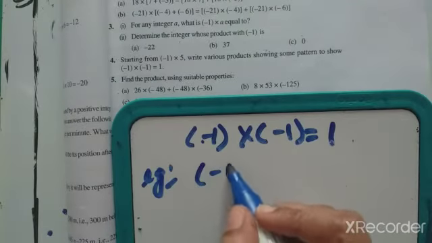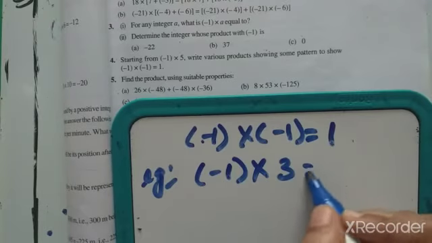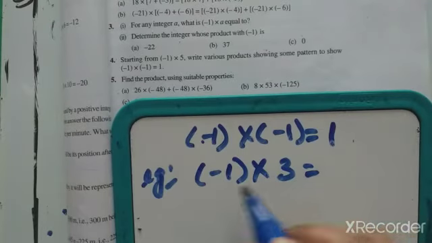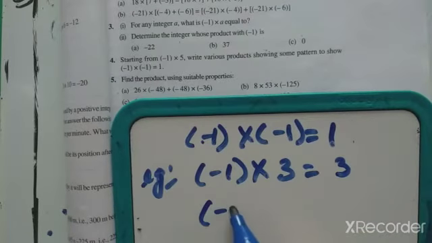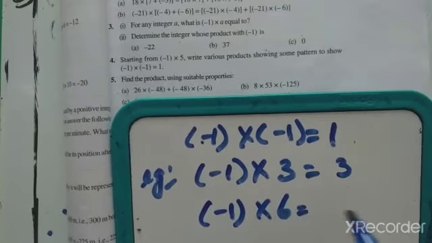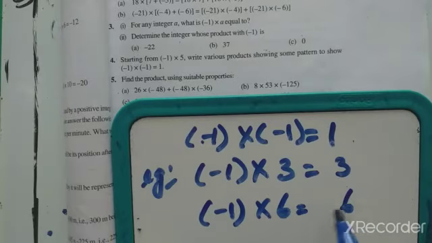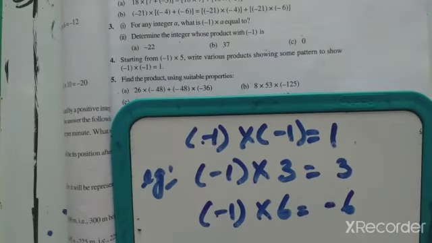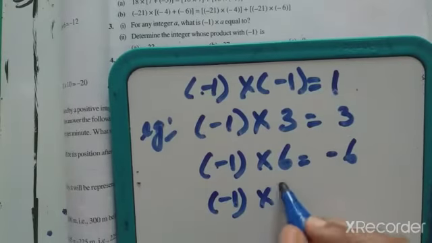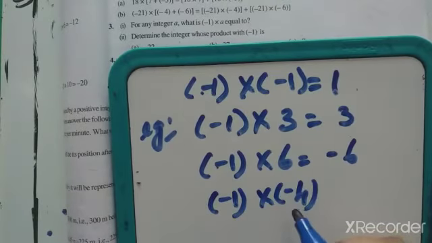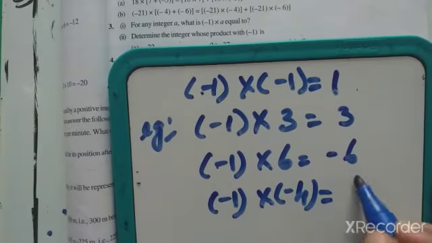Now any example, children? Minus 1 into 3. What is the answer? 3 ones are 3. Minus into plus is minus. One more example. Minus 1 into 6. 1 6 are 6. Minus into plus is minus. One more example with the negative integers: minus 1 into minus 4. Answer is 1 4s are 4.